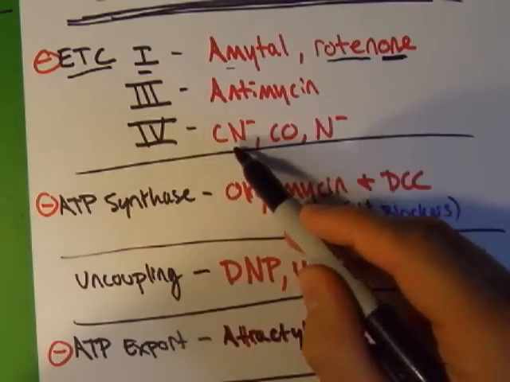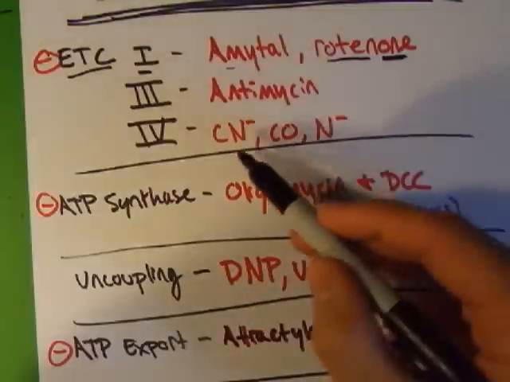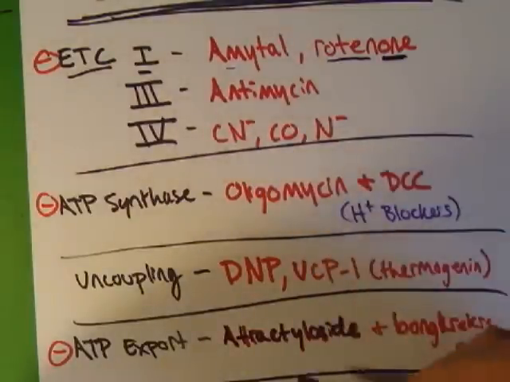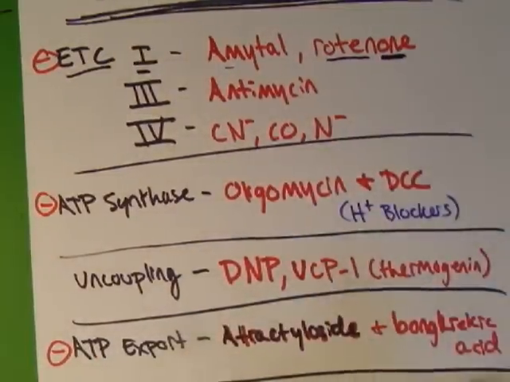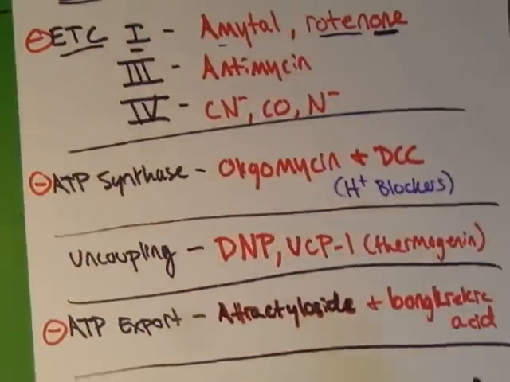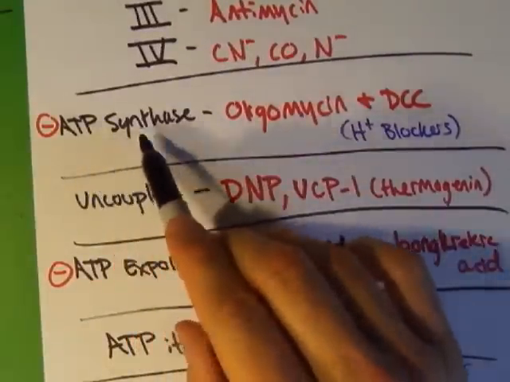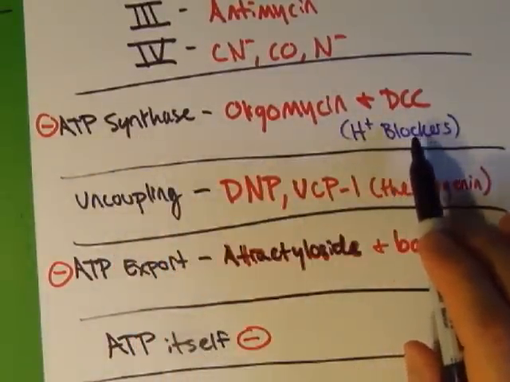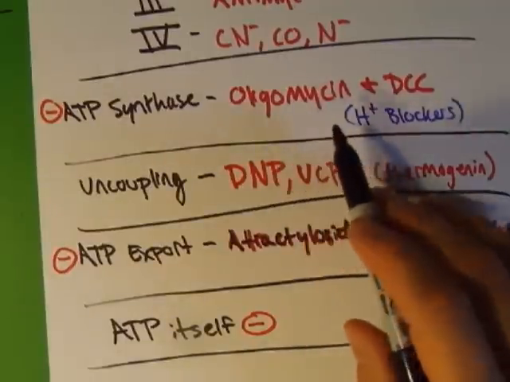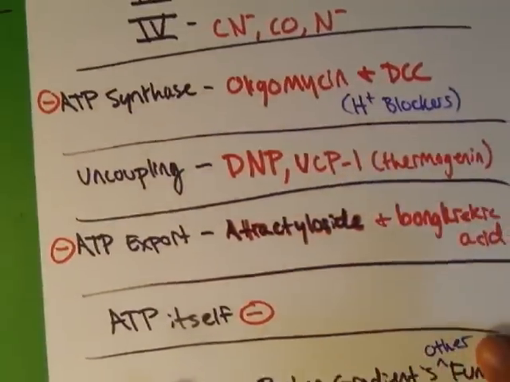Complex 4 inhibitors are some things that we know are poisonous, like cyanide and carbon monoxide. There's also a nitrogen in there. I would know that ATP synthase is blocked by proton blockers, oligomycin and DCC.